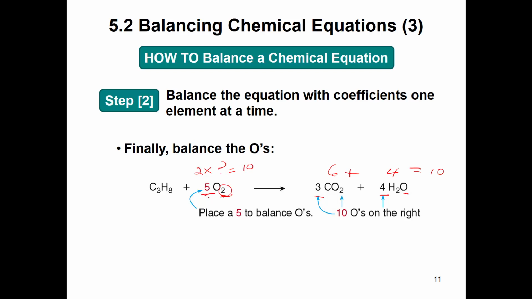So if I place a 5 in front of the O2, then that's going to give me 10 oxygens. And so then I have 3 C's, 8 H's, and 10 O's, and 3 C's and 8 H's and 10 O's on the right hand side.